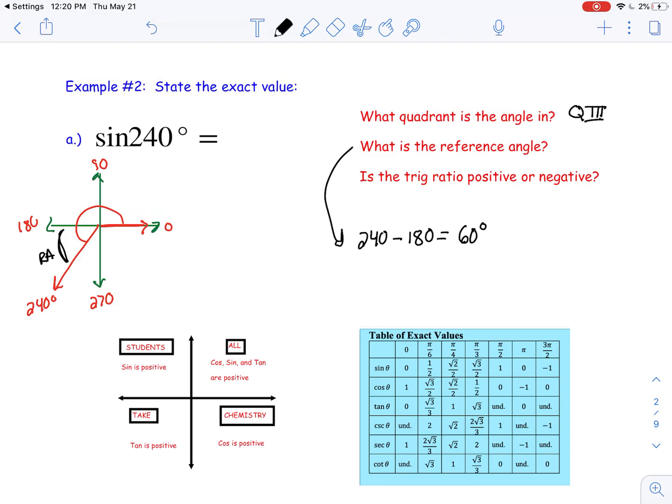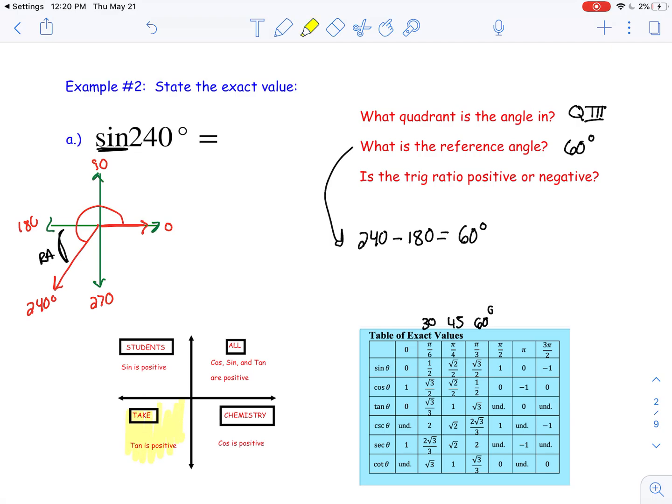So I know if I look at this, this is 30, 45, 60. I'm going to be working in that column. So my reference angle is 60 degrees. Is the ratio positive or negative? So we're trying to find the sine in the third quadrant. So I'm looking here.